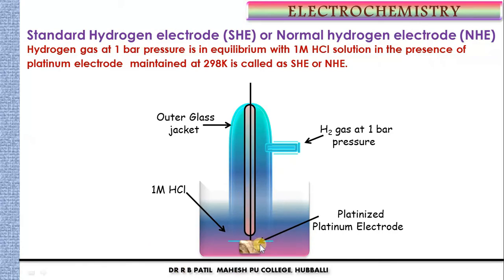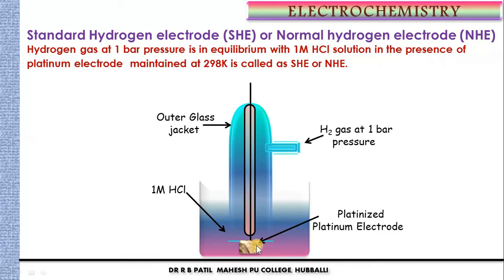Now there exists an equilibrium between adsorbed hydrogen gas molecules and H plus ions present in the solution, and an electrode potential is produced at the interface of this platinum electrode and HCl solution. At the same time there is interconversion of hydrogen gas molecules to H plus and H plus to hydrogen gas.